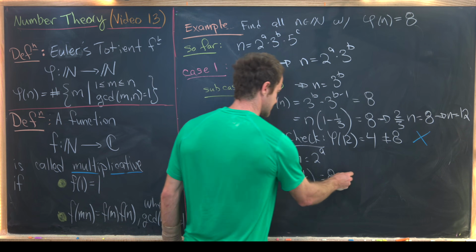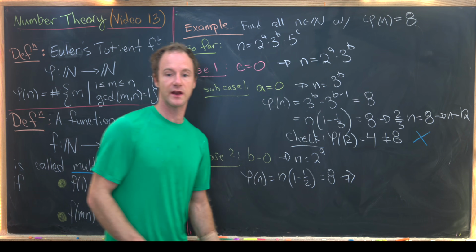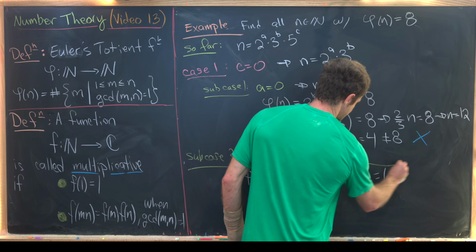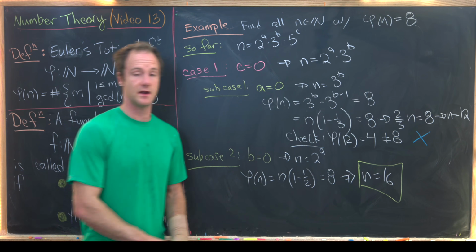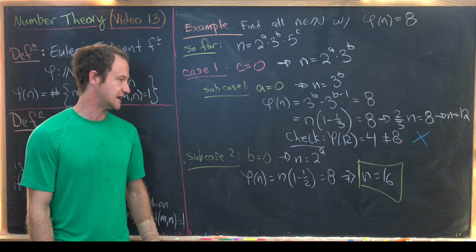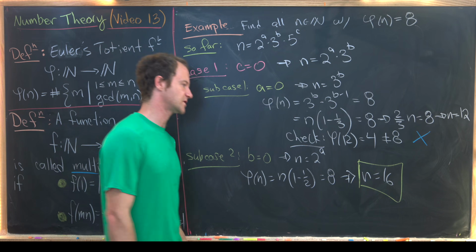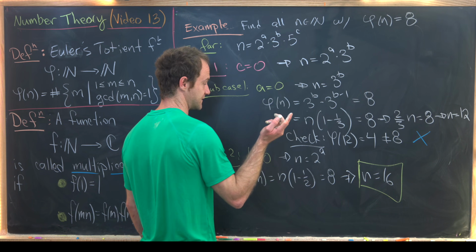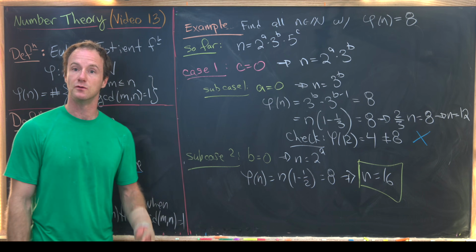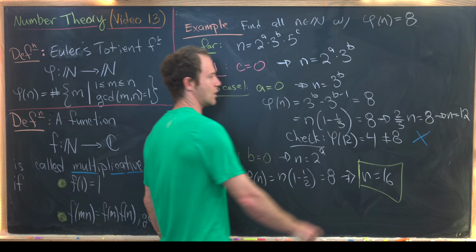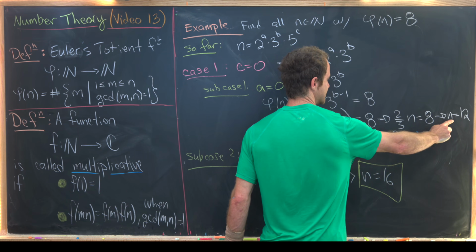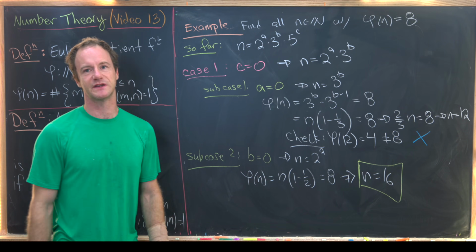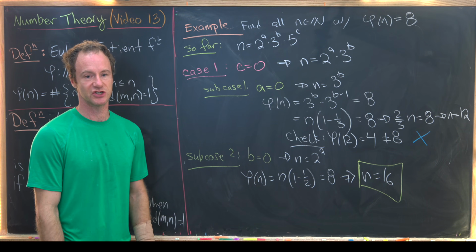But notice that tells us that half n is equal to 8, or in other words, n is equal to 16. But then you can check using our formula for phi of n that phi of 16 is good to go. Well, first of all, our assumption built into this was that n was a power of 2, but 16 is a power of 2, which means we're good. Whereas over here, this didn't work for a couple of reasons, but this says that n is 12, but our assumption was that n was a power of 3, and those are not conducive to each other.